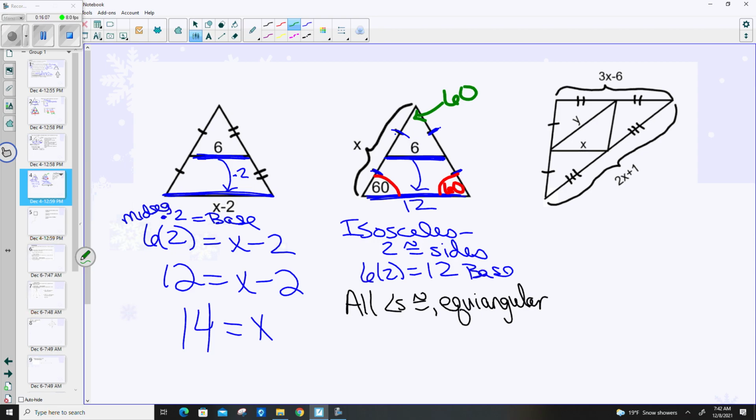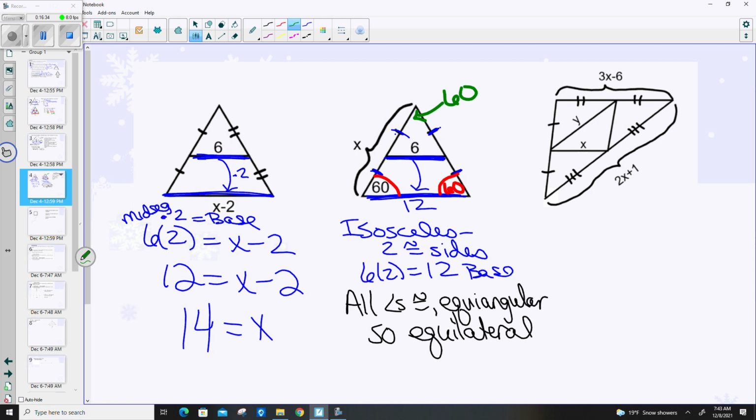But what do we know about equiangular triangles? They're also what? Equilateral. Nice. Why did I lead you in that big circle? How does that help me get x?